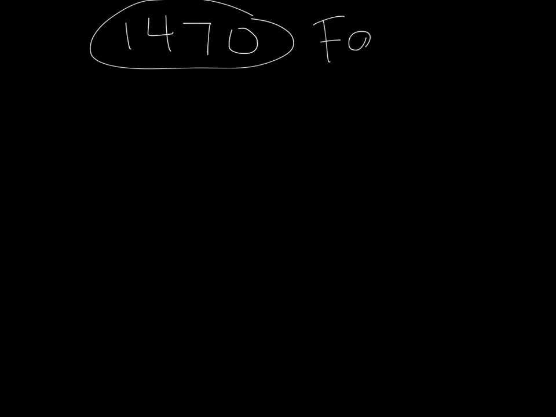Let's do 1,470, okay? And we want to determine the prime factorization or create a factor tree for this number. So we're going to break it down. What two numbers that when you multiply them together give you 1,470?